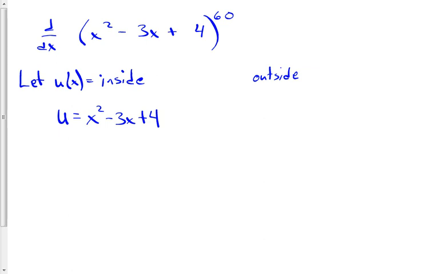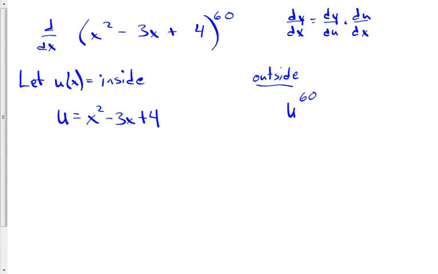So if u is the inside, what happens to u in the original? I'm not doing a derivative yet, but the outside function could be written as u to the 60th power. Now I'm using this definition. The derivative of y with respect to x when I have an inside function u is dy du times du dx.